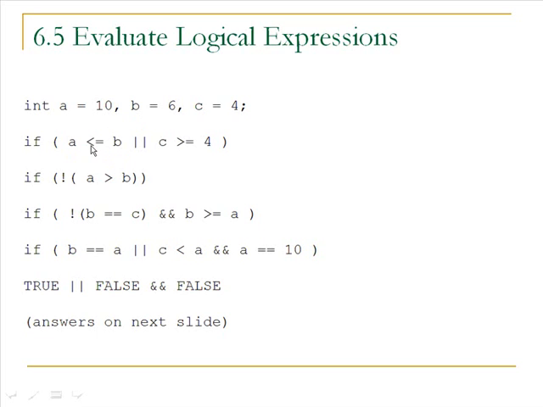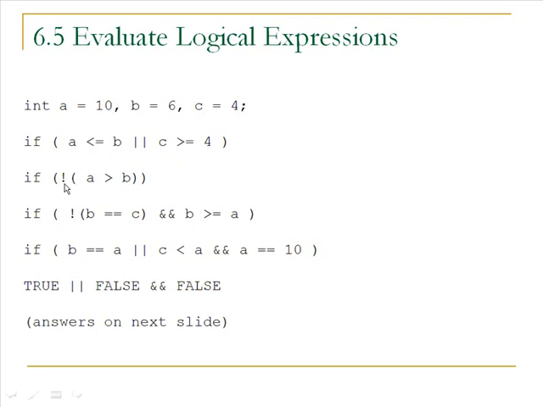That's false. And on the right hand side, C is greater than or equal to 4. That's true. So we have false or true. Is the whole thing true or false? The whole thing is true. If you remember in the truth tables, false or true is true.